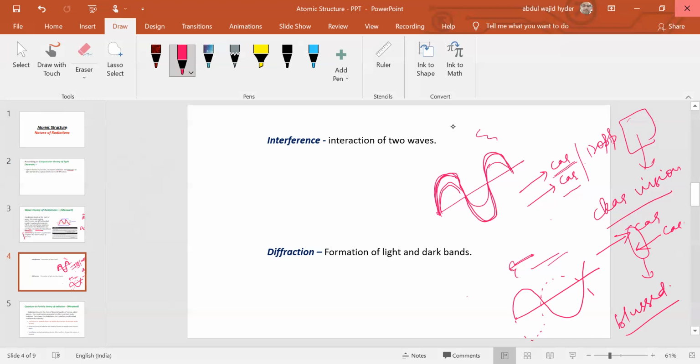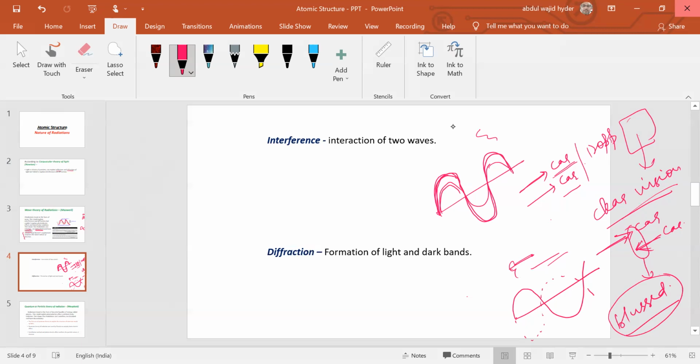In the night, it happens. If both are using headlights and moving in the same direction, then this will become clear. But if both cars are moving in opposite directions in the night, and both are using headlights, then this will become blurred. You won't be able to observe it clearly.